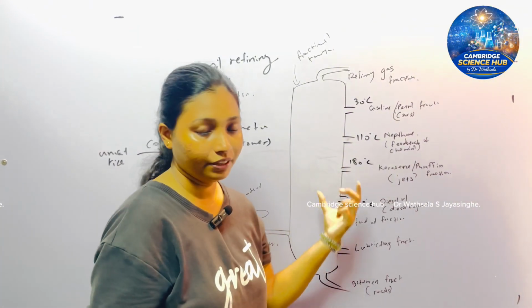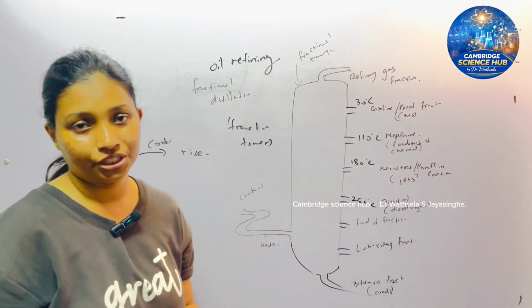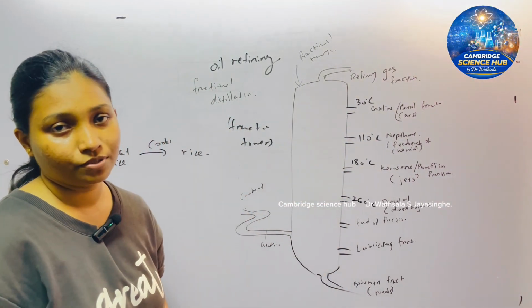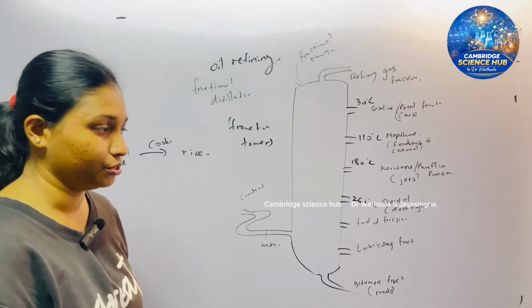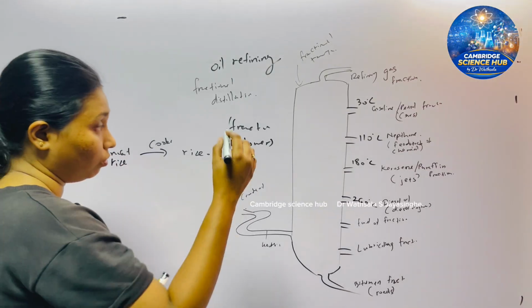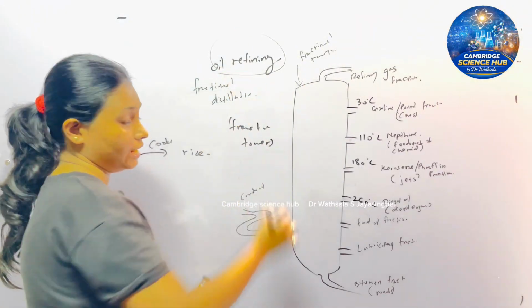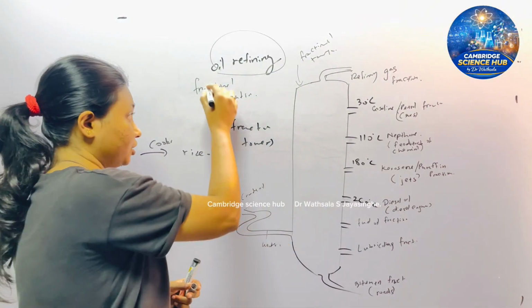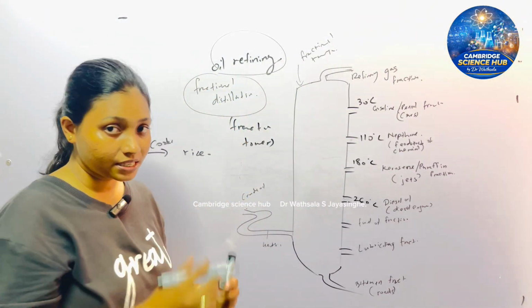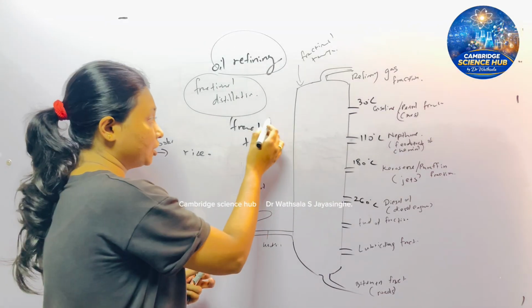Likewise, at different temperatures, different types of petroleum substances are produced. Anyhow, you have to memorize these. Petroleum substances should go through a refining process, and that process is based on fractional distillation. This process happens inside a fractional tower.